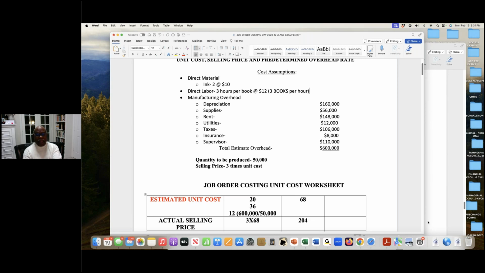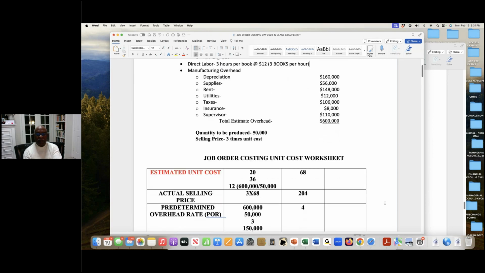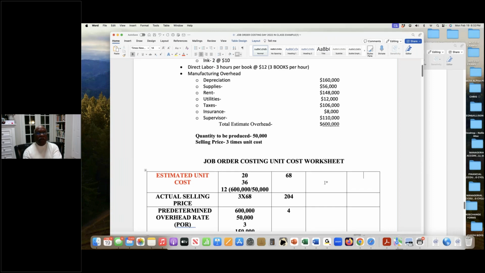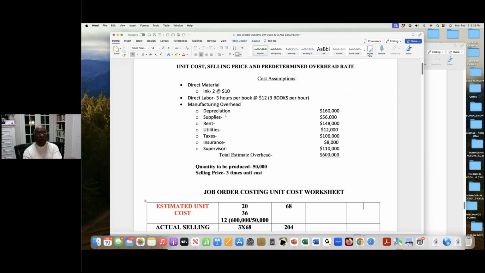Okay, with all those complicated calculations that you were making, the raw material cost is still going to be 2 times 10, 20.